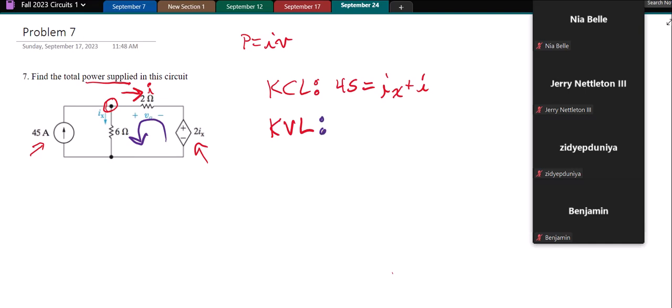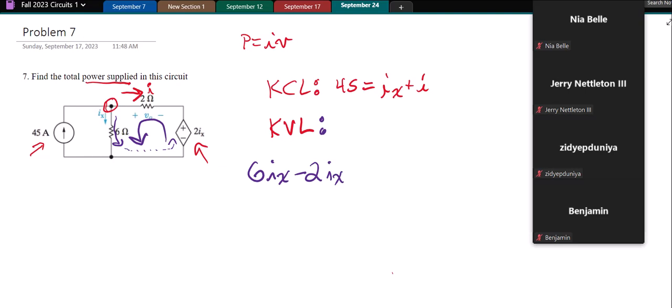So starting with the 6 ohm resistor, the voltage change across that 6 ohm resistor is 6IX. And it's positive because I'm going in the same direction as IX. Now, as I go around and I get to this voltage source over here, I'm entering into the negative side. And when I enter into the negative side, then I write this as negative. So this will be negative 2IX.